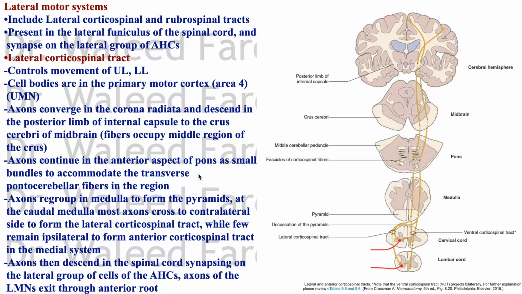The lateral motor system includes the lateral corticospinal and rubrospinal tracts. The lateral corticospinal tract originates from the primary motor cortex here and descends through the brainstem.